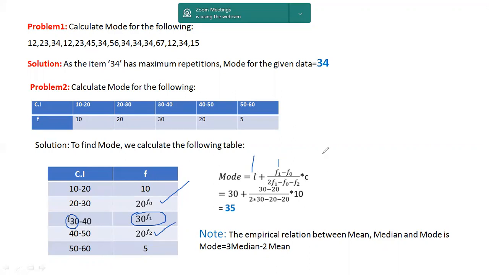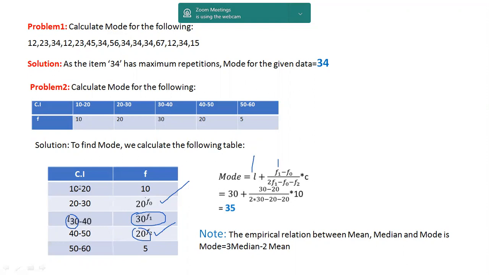So we are substituting, where L is the lower limit, which is 30, plus f1, the frequency of the class interval, which is 30, minus f0, the preceding class interval frequency, which is 20, by 2 f1, which is 2 into 30, minus f0, the preceding frequency 20, minus f2, the succeeding frequency, which is 20, into the class interval width.